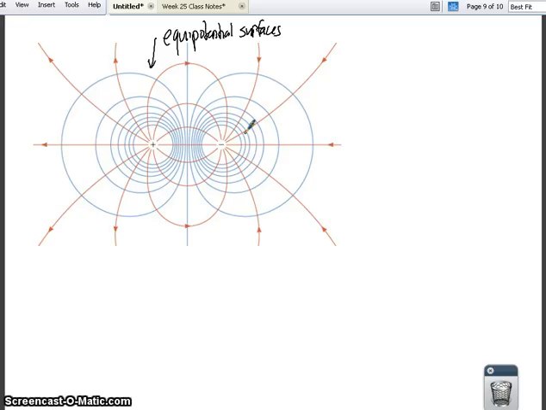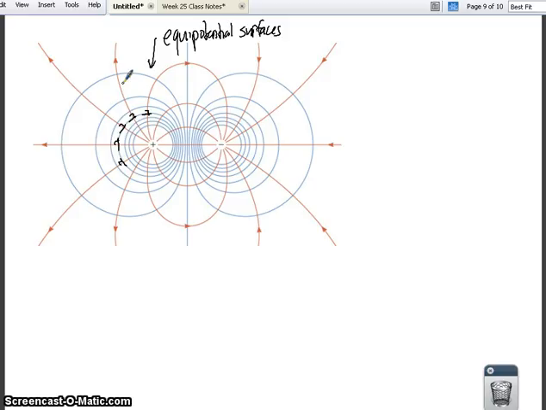Even with a weird shape, at every single point, I'll pick this one right here, the electric field line and the surface are perpendicular. So I'm drawing perpendicular lines right here. The electric field lines are perpendicular to the surface, and they always point in the direction of decreasing potential. That's why on the negative side they're pointing in, and on the positive side they're pointing out.